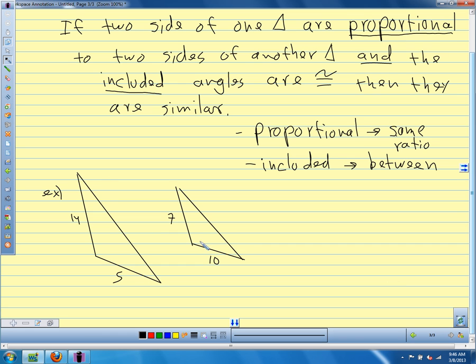Two sides on this triangle proportional to two sides on that triangle. What do I have to multiply 7 by to get 14? 2. Actually, I mixed my sides up. I want the 10 here. This should be 5. There we go. What do I have to multiply 5 by to get 10? 2. So I multiply this by 2 to get 14, and multiply this by 2 to get 10.